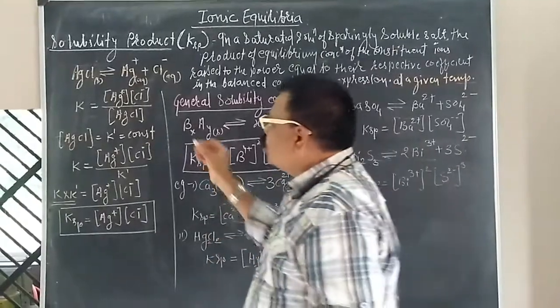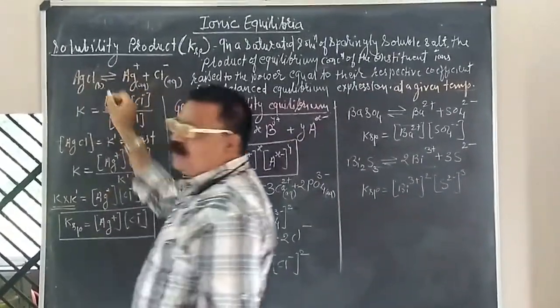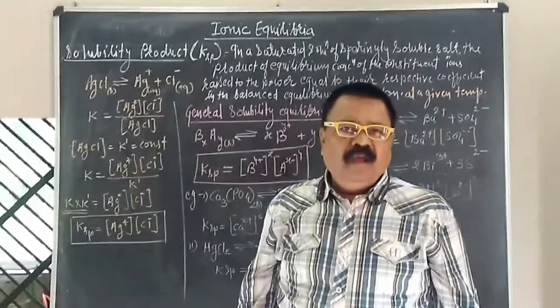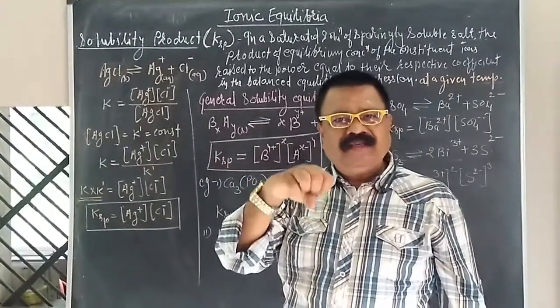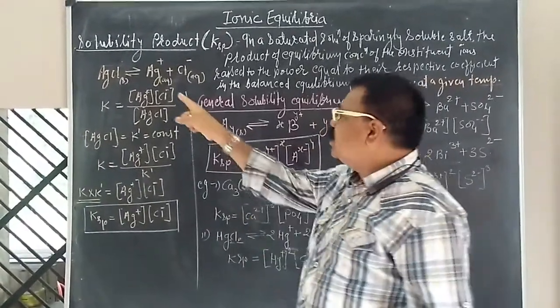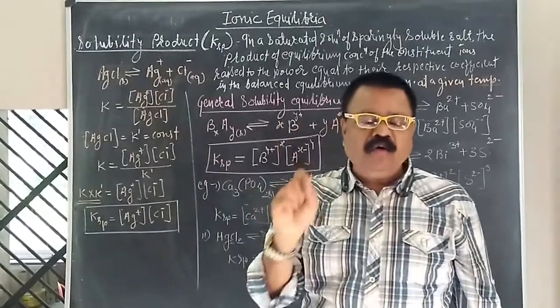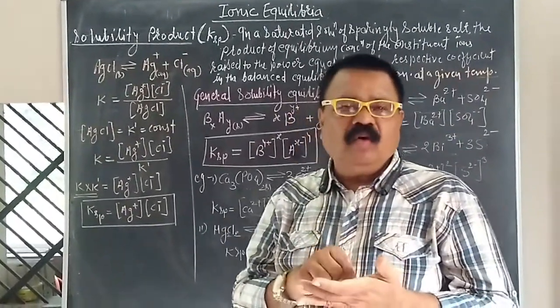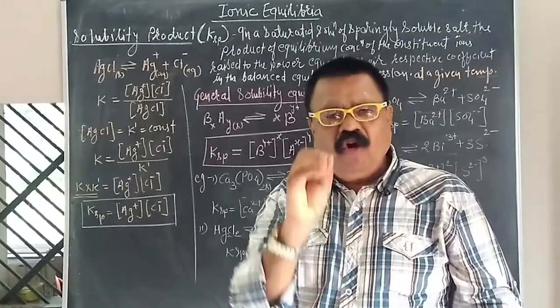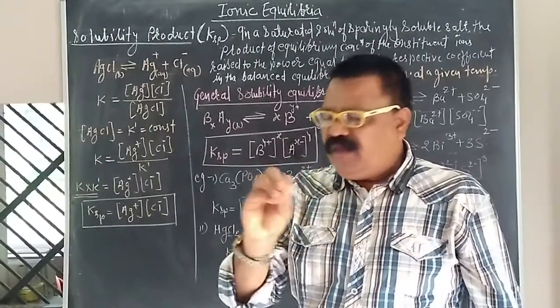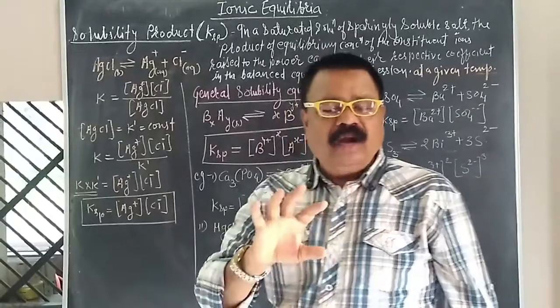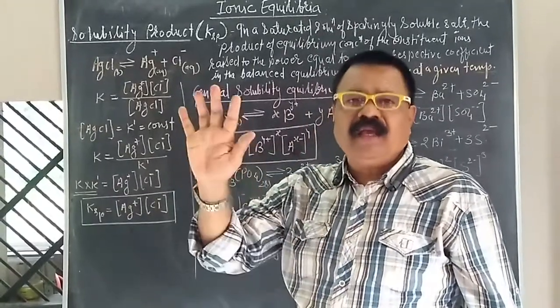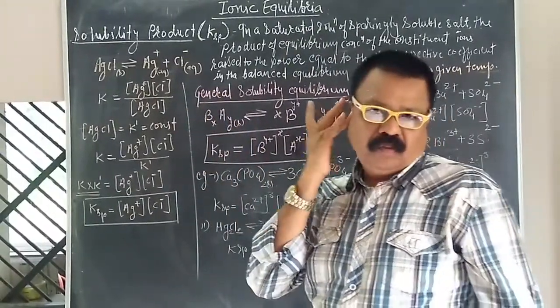For example, silver chloride is a sparingly soluble salt. When we add silver chloride inside the water, a very small amount of it will dissolve, and the remaining whole will remain undissolved.